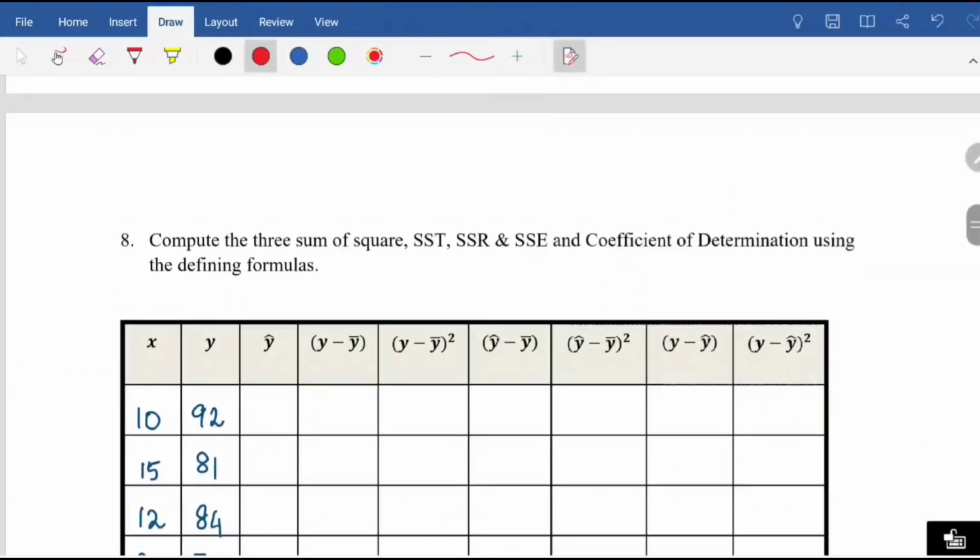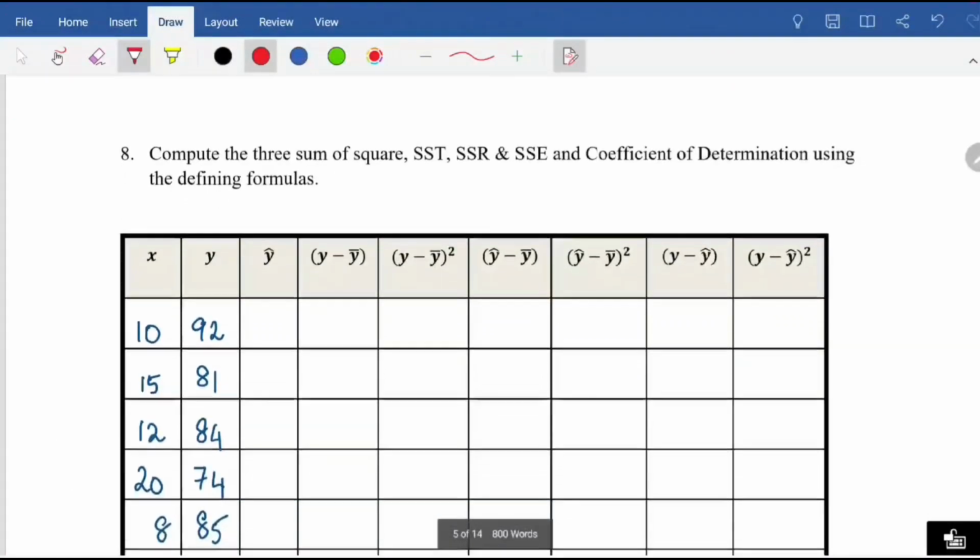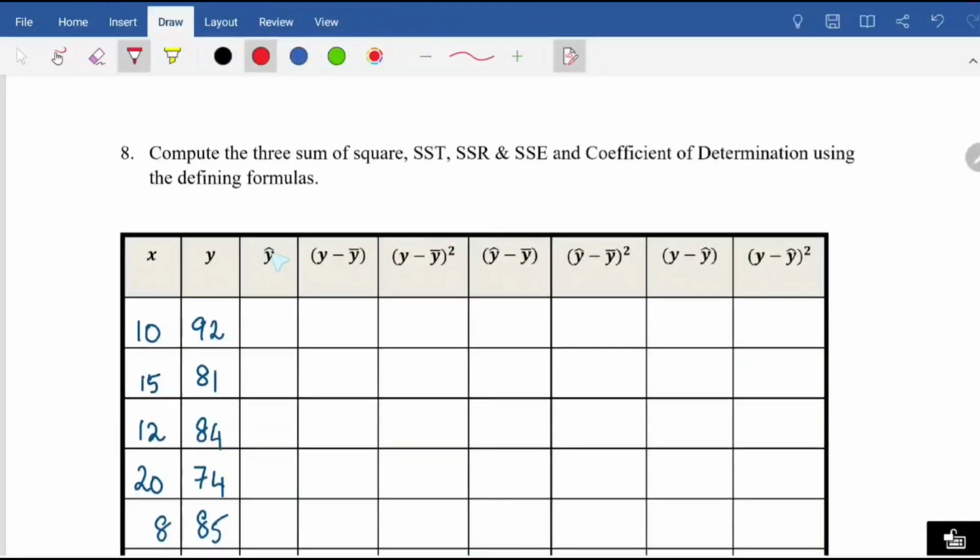Now, for number 8, it says compute the 3 sums of squares SST, SSR, and SSE, and find the coefficient of determination using the defining formulas. Now, I'm not going to solve this. Part of the work has already been done when we were working on the defining formula to come up with the regression equation. For this one, you will of course need to calculate your predicted y value that comes from the equation.